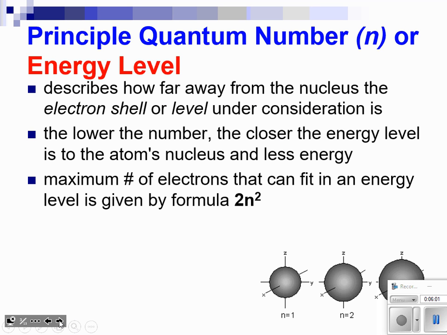This little diagram is showing you some different s sublevels, and showing you that n equals 1, n equals 2. This would be the first energy level, this would be the second, and that would be the third.